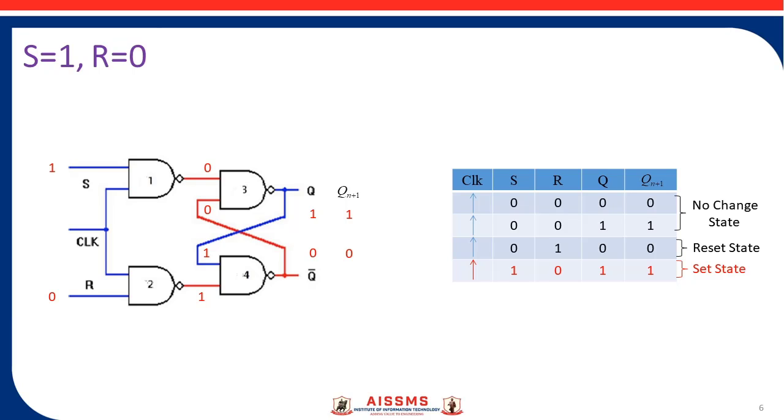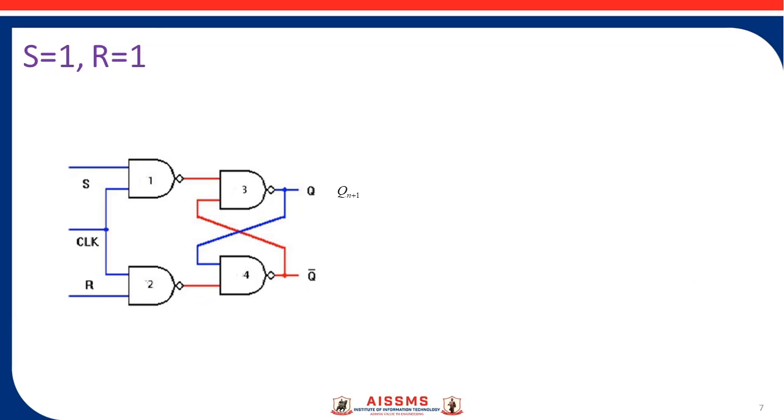Now we'll see the last state, that is S equals 1 and R is also 1. So the output of the first and second NAND gate will be 0 here. Now if the input of the third NAND gate as well as the fourth NAND gate is 0, then the output of both NAND gates will be 1.